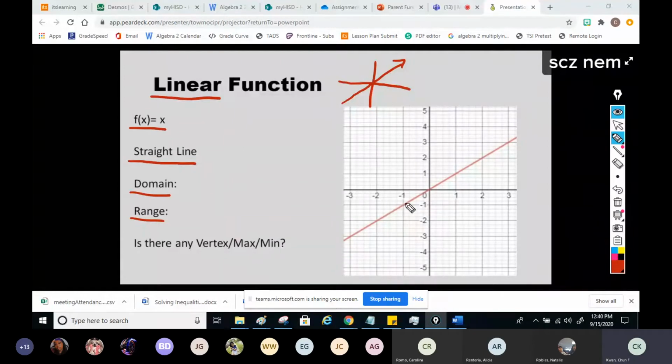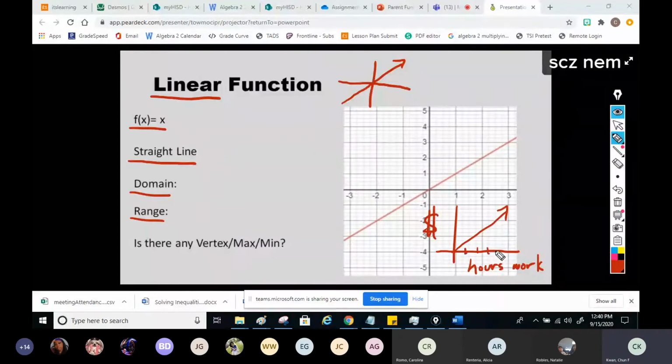So what is something that we can use it for? Remember the example that I used the other day? What if I have, say, the hours that you work versus the amount of money that you make. So that would be a linear function.